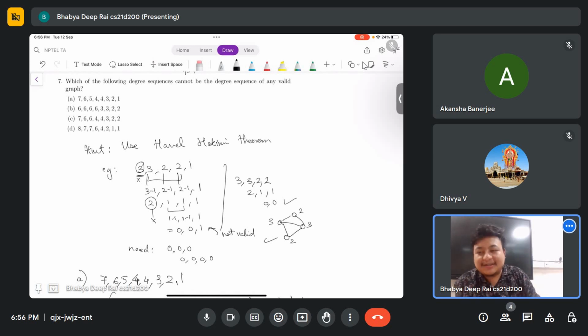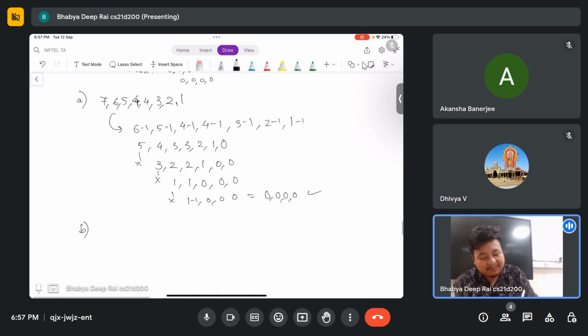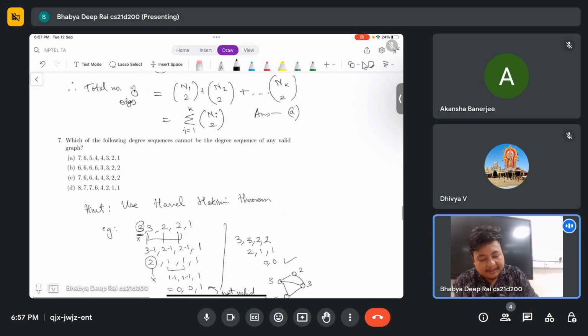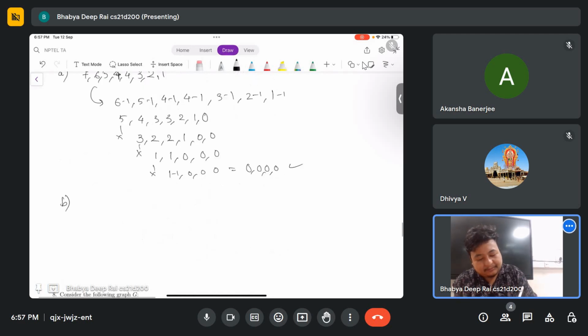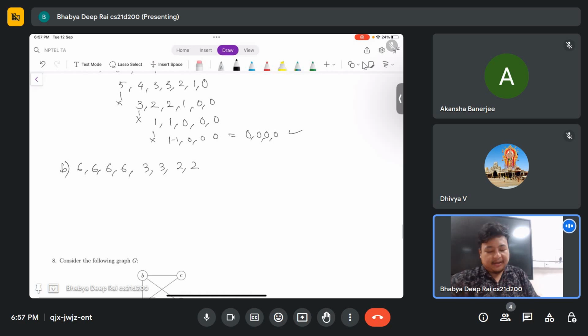But let's try whether the others are invalid or not. For example, B, let us try. 4 6s, 2 3s, and 2 2s. Okay, so this is what we have. Now remove the 6, and do the next 6 elements.